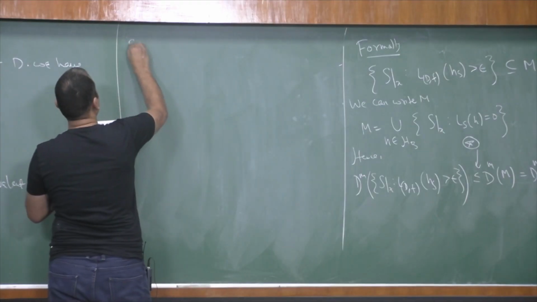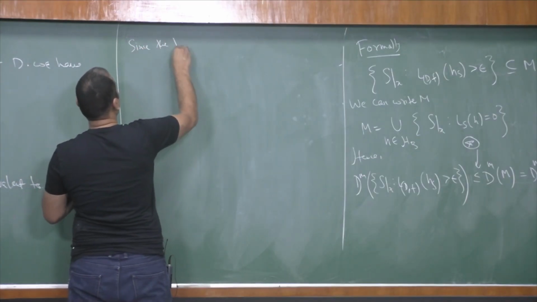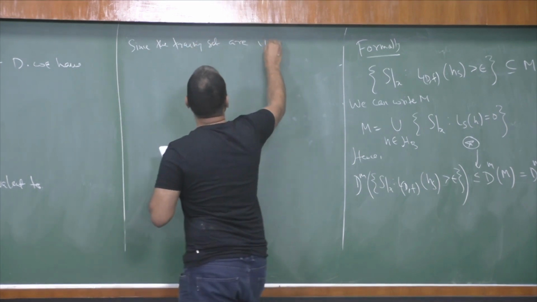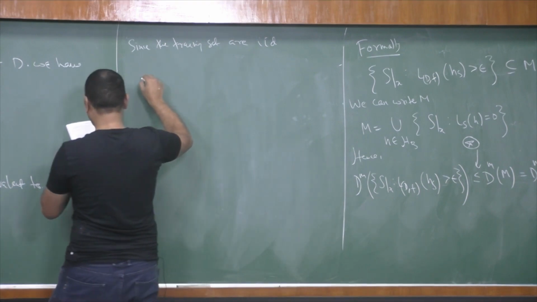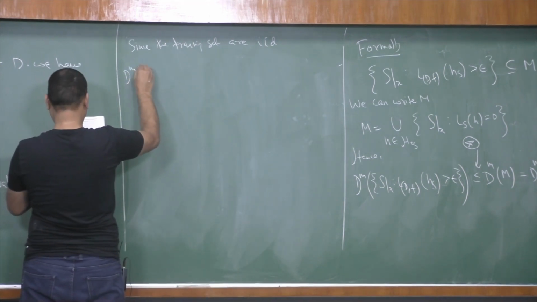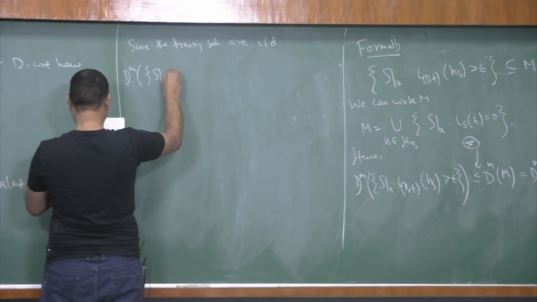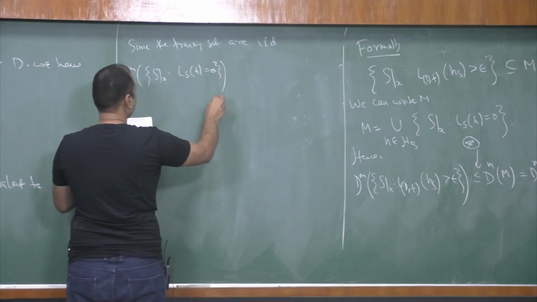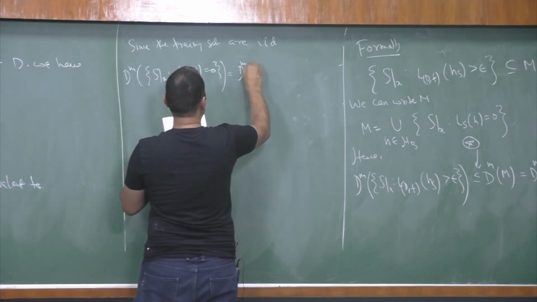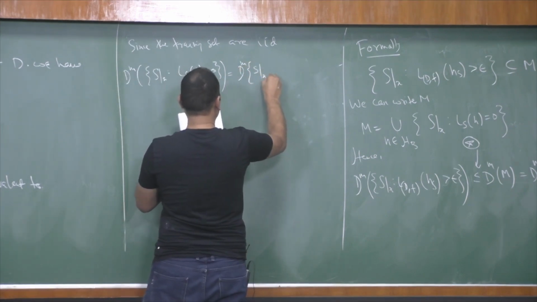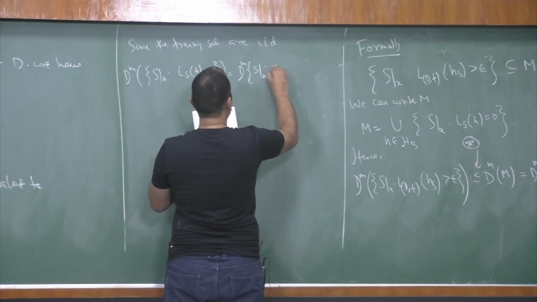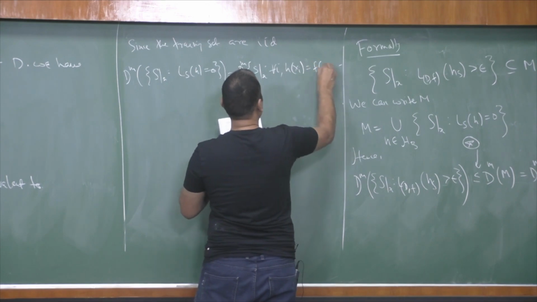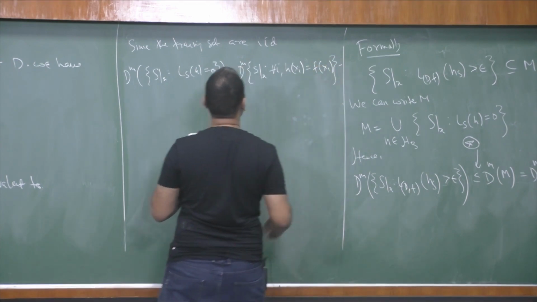Since the set is IID, D^m of {S_x : L_S(h) = 0} equals D^m of {S_x : for all i, h(x_i) = f(x_i)}. That is what we said previously.